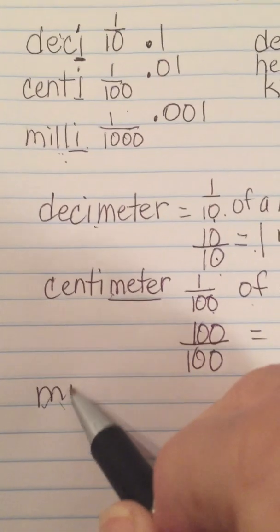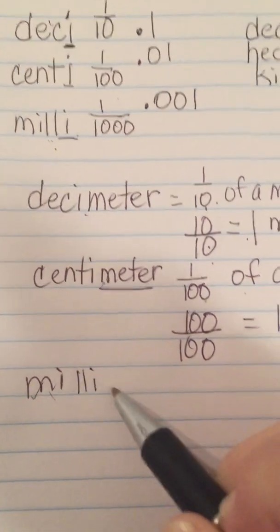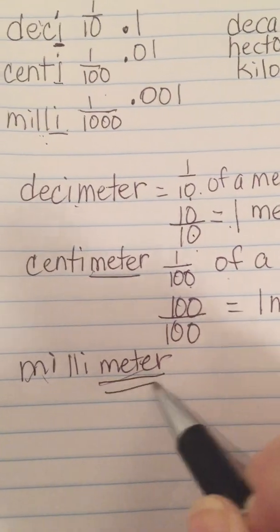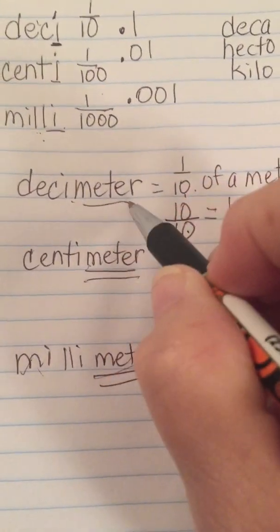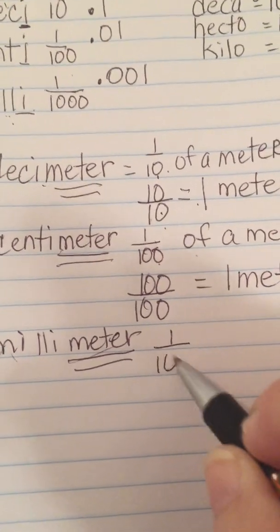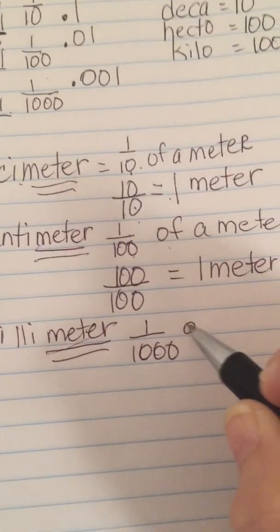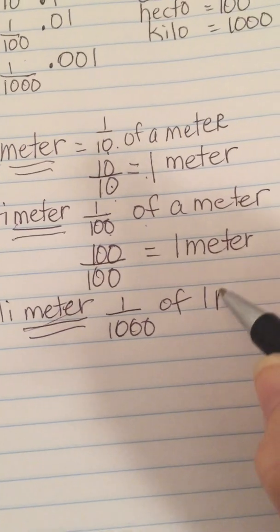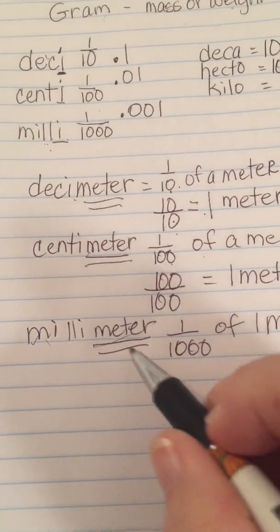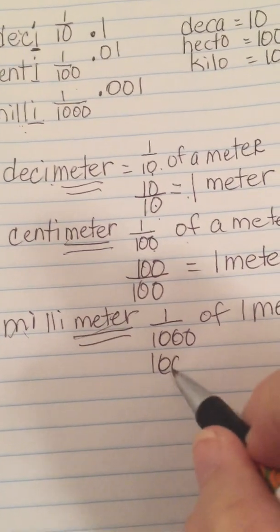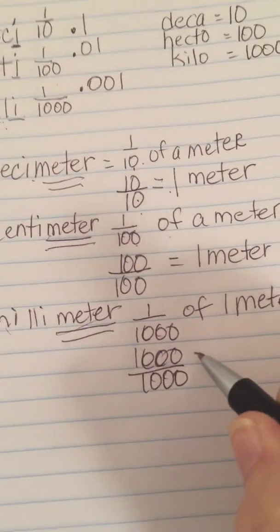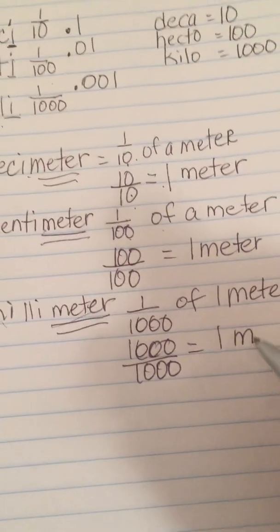And millimeter, still got that same basic unit of measurement. Millimeter is 1/1000th of a meter. So I would have to have 1,000 millimeters to equal 1 meter.